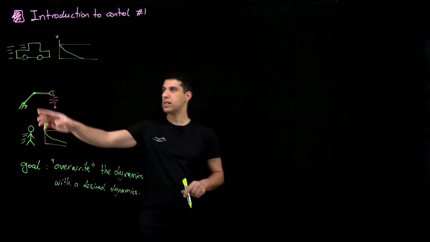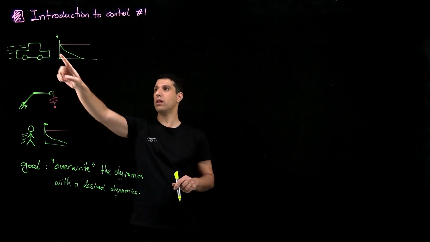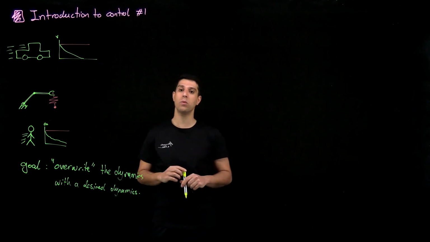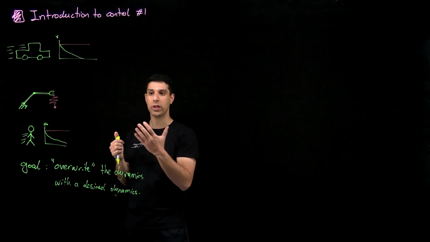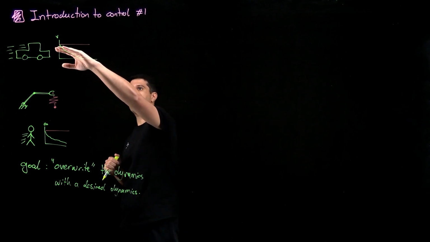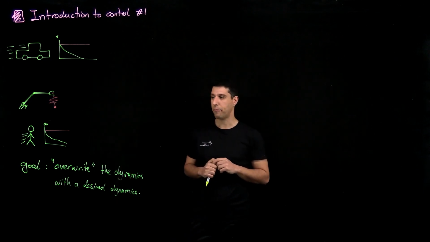So in all of these examples, instead of our dynamics of car velocity decreasing over time, we want to overwrite it such that we are now dealing with another system that essentially does not change over time.